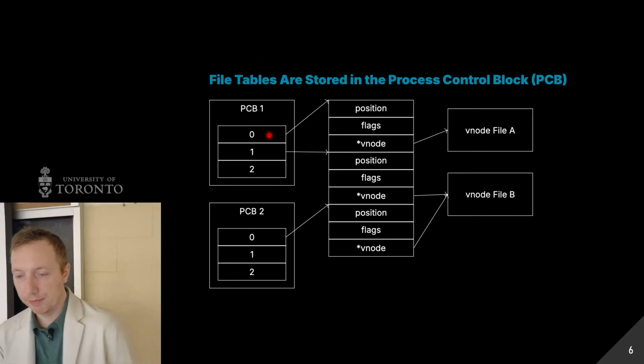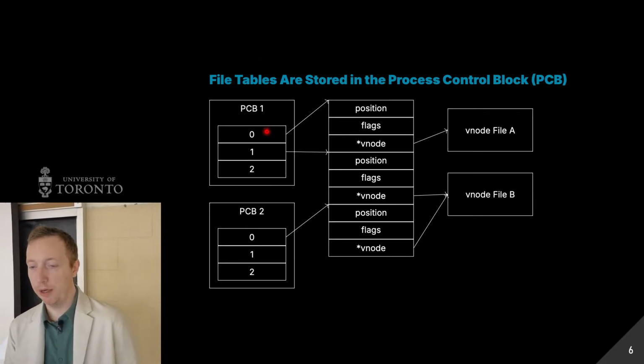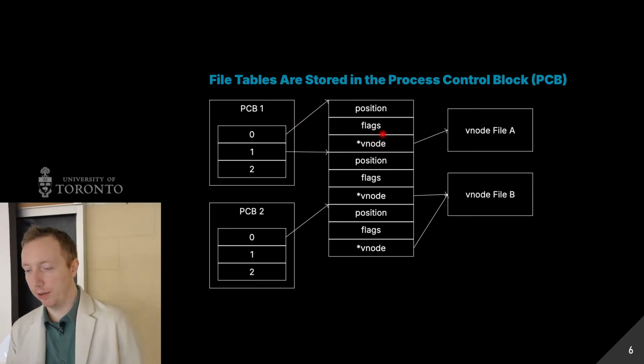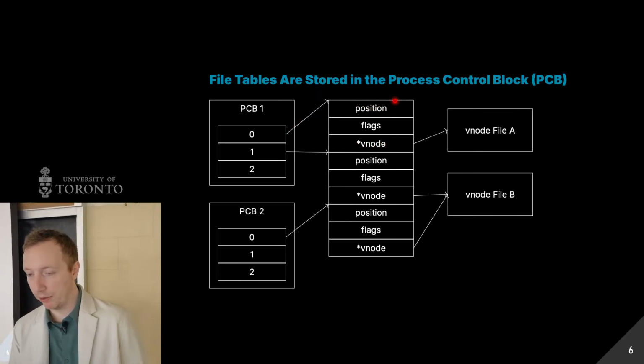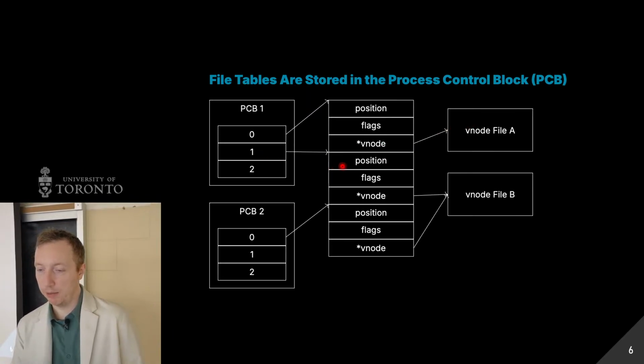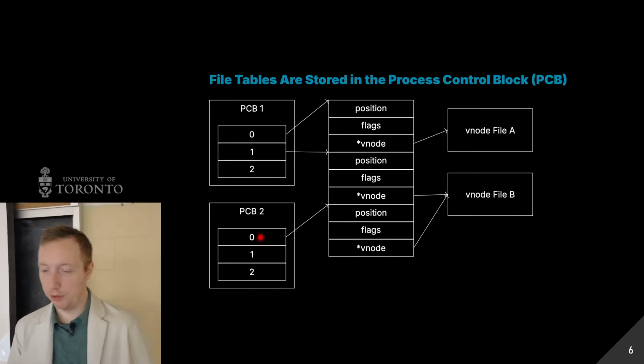So in this case, in process 1, its file descriptor 0 is pointing to this entry, which has its own position, its own flags, and pointing to file A. File descriptor 1 pointing to this entry, which has its own position, its own flags, pointing to file B. And then process 2 has file descriptor 0 pointing to its own position, own flags, and vnode.